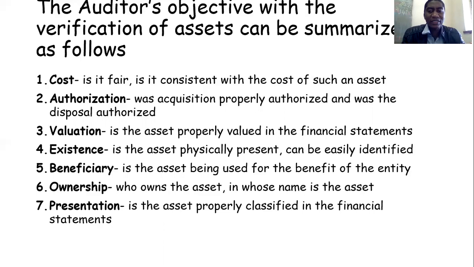Then we go to authorization for use, right? Since it was bought under an agreement, they should also agree on how the asset should be used. Who should use the asset? How should the asset be used? And who should benefit from the usage of the asset? For example, that Toyota Hilux was bought for the manager.